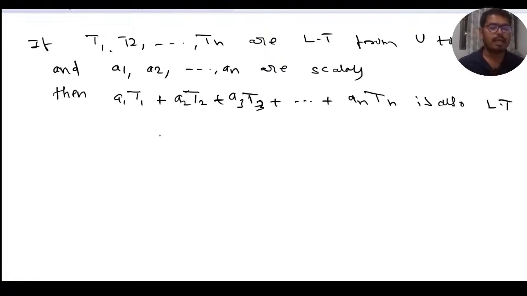The linear combination of linear transformations is a new linear transformation.